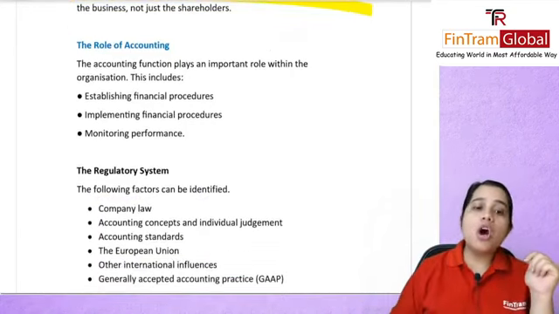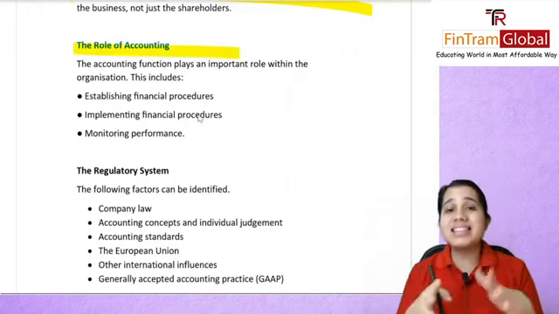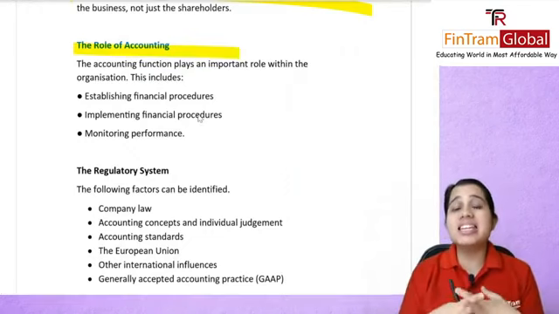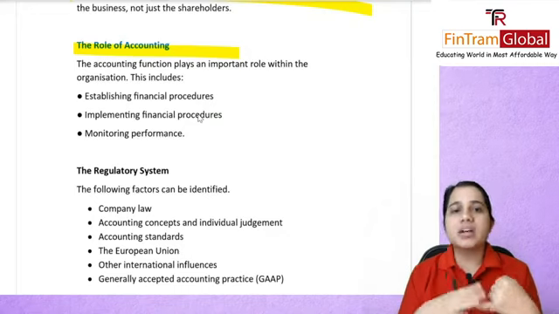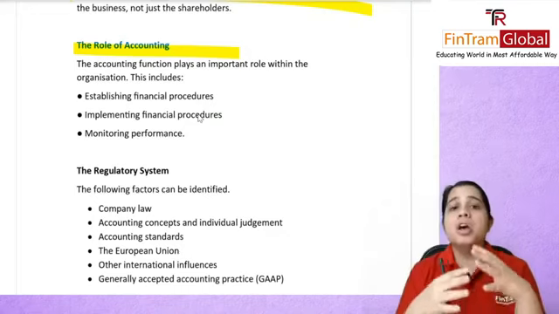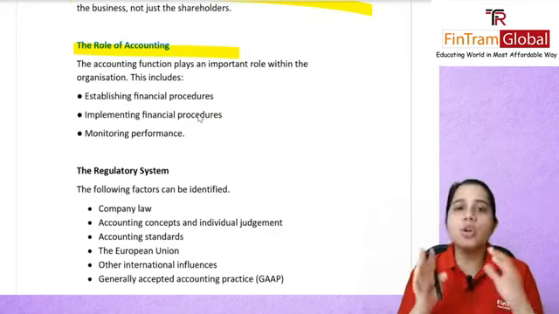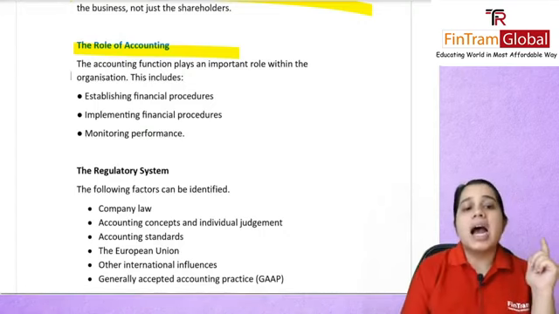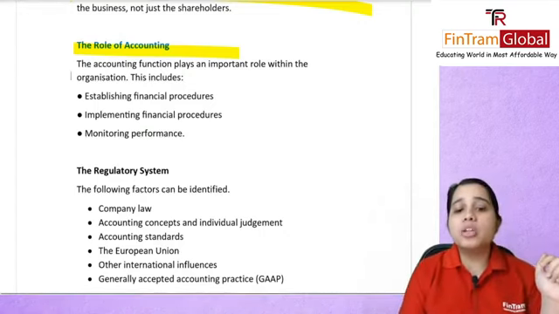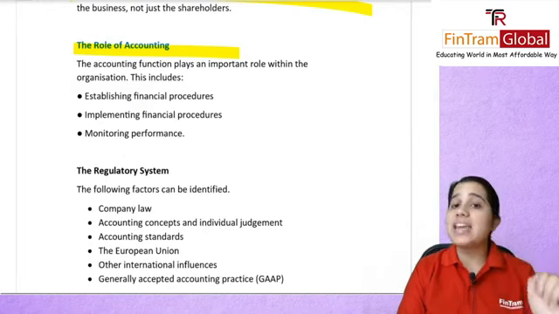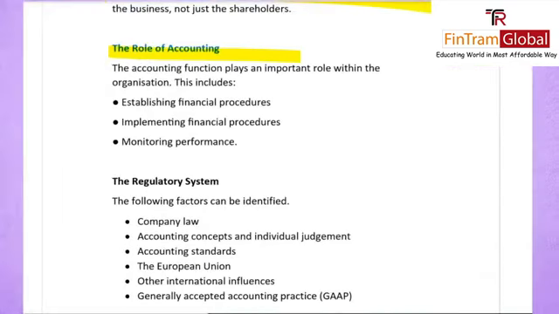Next, the role of accounting. If you remember, in this session we talked in much detail about what accounting was, the various processes that we have and all of that. The accounting function will play an important role within an organization. This includes establishing your procedures, implementing your financial procedures, and finally monitoring your performance.